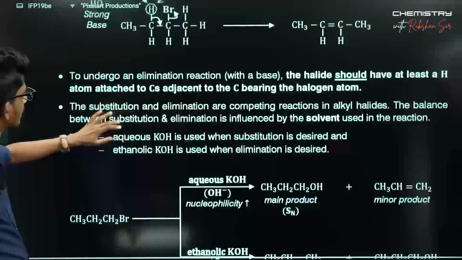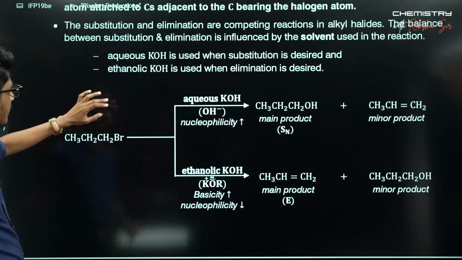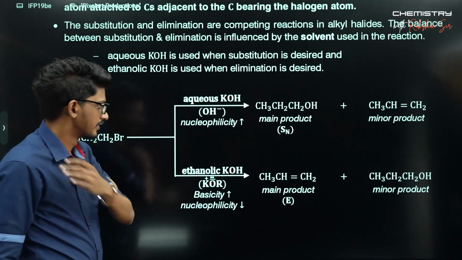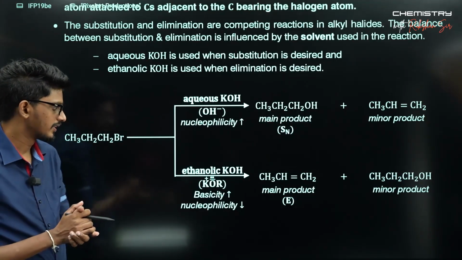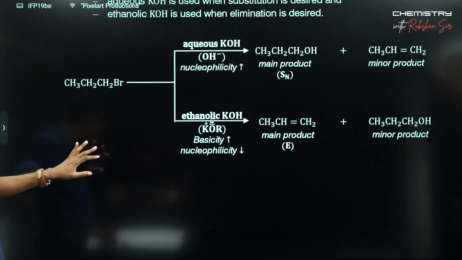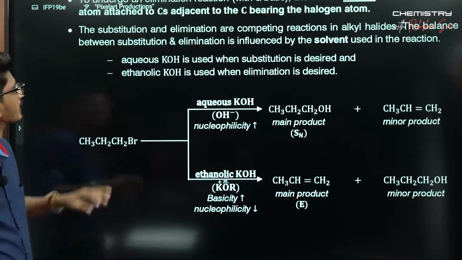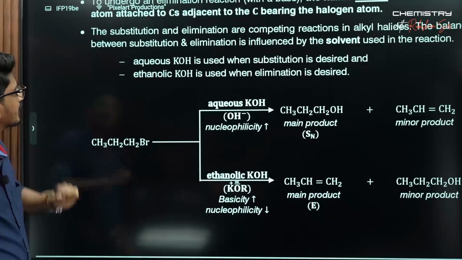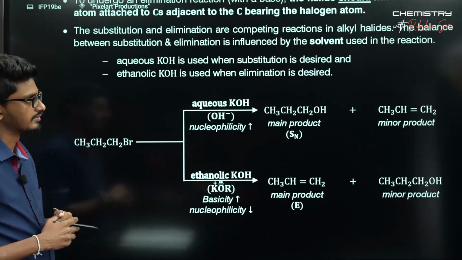And for that, we can use this theory part. What does it say? This theory part, which is appearing on your page number 7, says that nucleophilic substitution and elimination are competing reactions in alkyl halides.